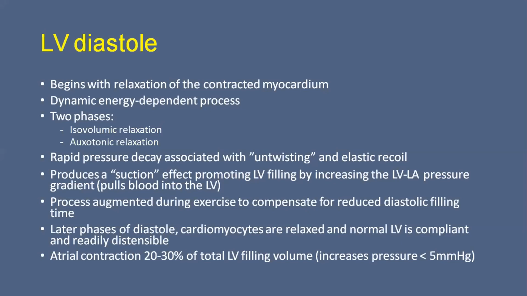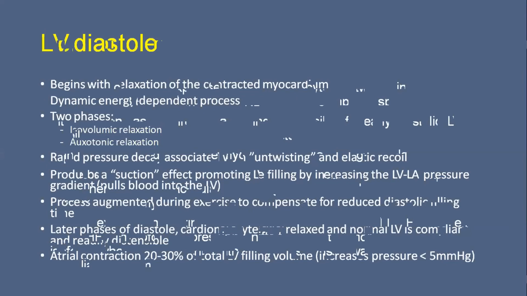The process is augmented during exercise to compensate for reduced diastolic filling time. In later phases of diastole, cardiomyocytes are relaxed and the normal LV is compliant and readily distensible. Atrial contraction contributes 20 to 30% of total LV filling volume and increases the pressure by more than 5 millimeters of mercury.